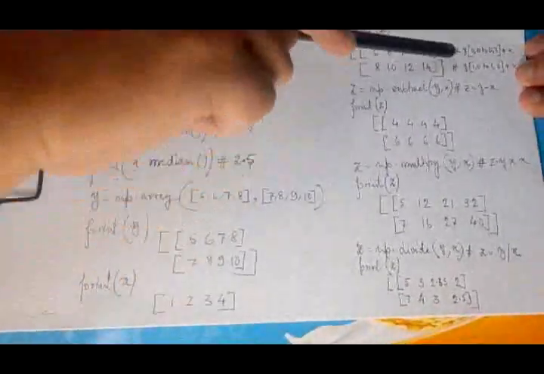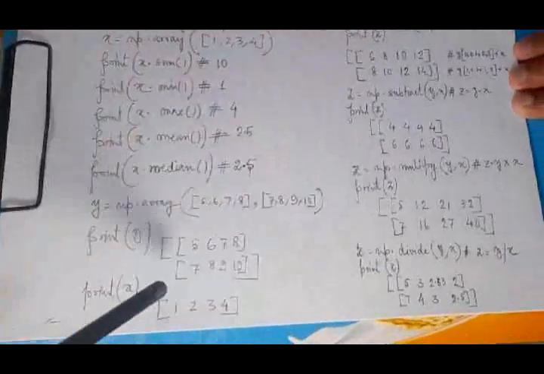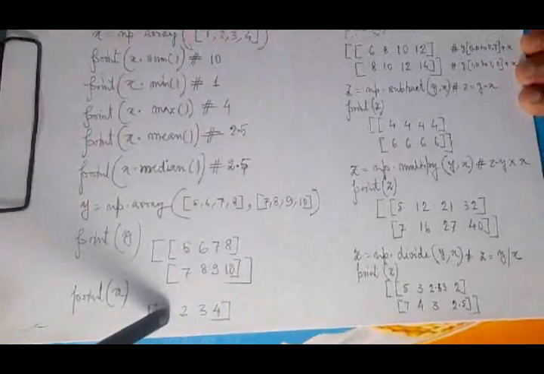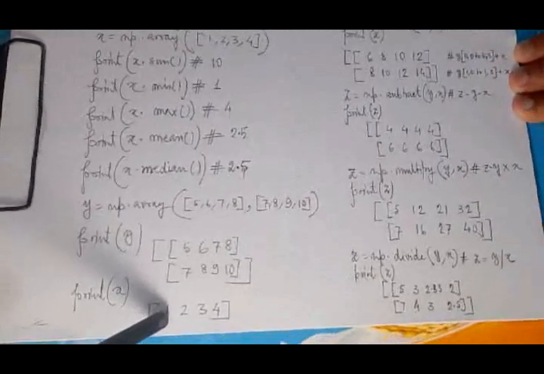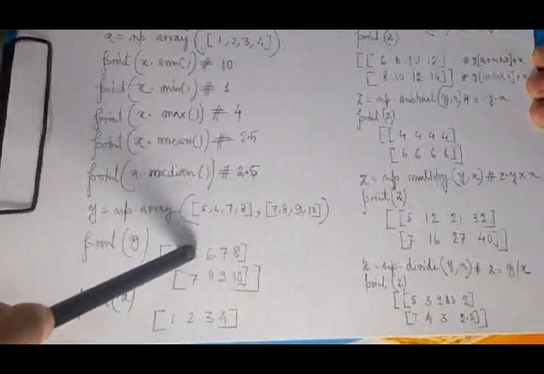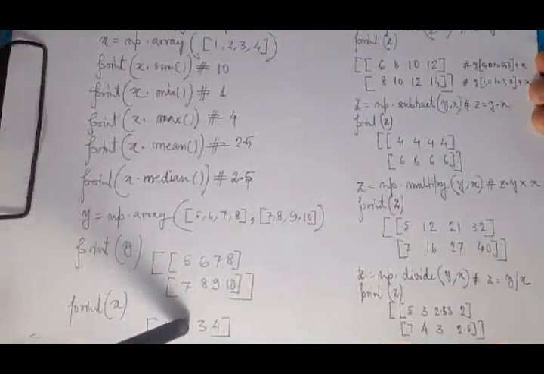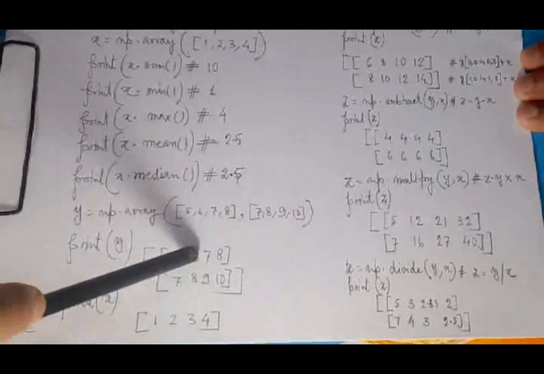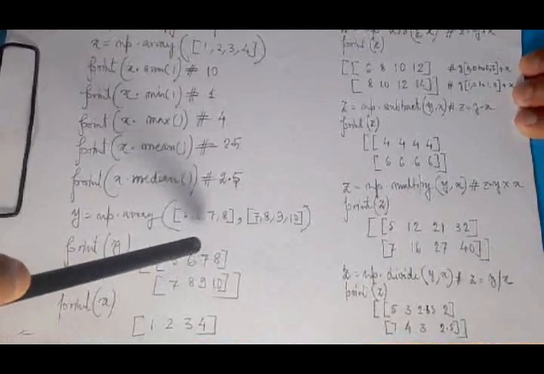Now when x is added to y, the 0 index value of x will be added to the 0th row and 0th column. The first index of x will be added to the 0th row, first column of y.